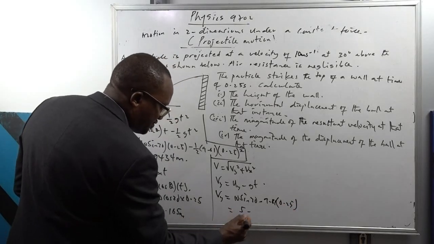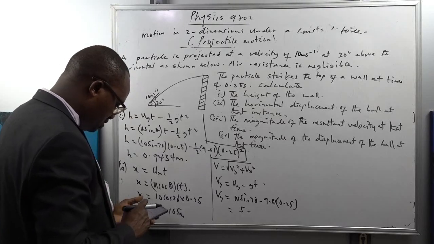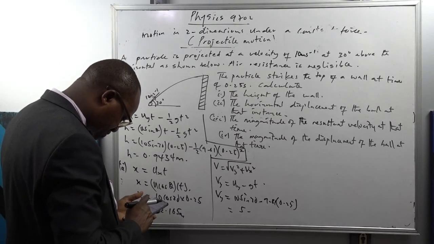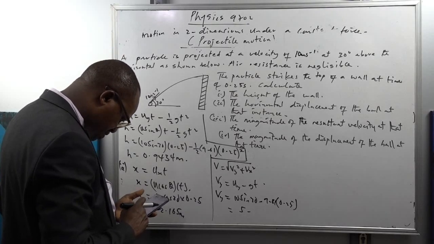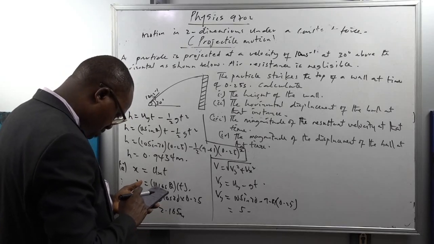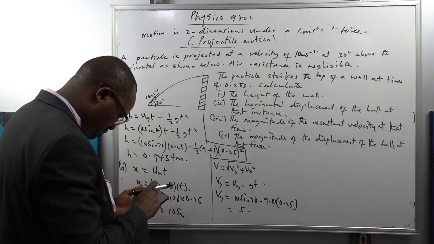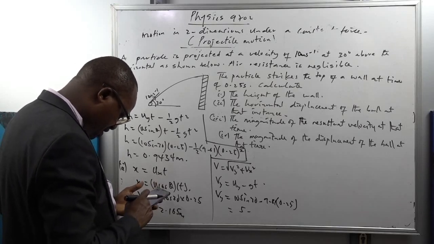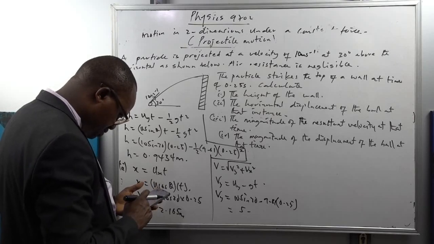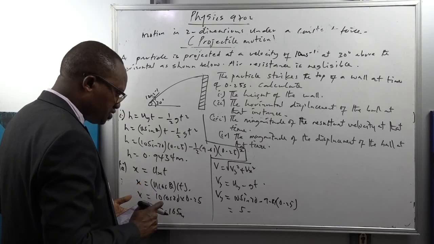This will give you 5 minus, so if I put everything into the calculator, I have 10 sine 30, that's 5, minus 9.81 times 0.25. You put everything like that in a bracket and close the bracket.